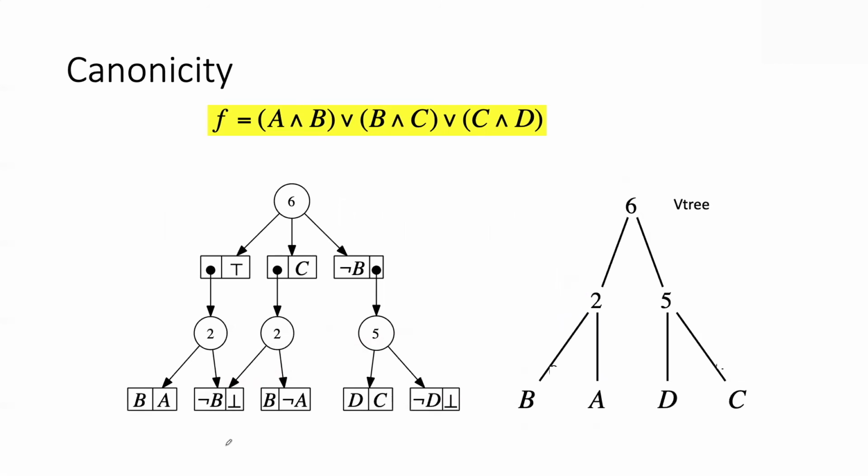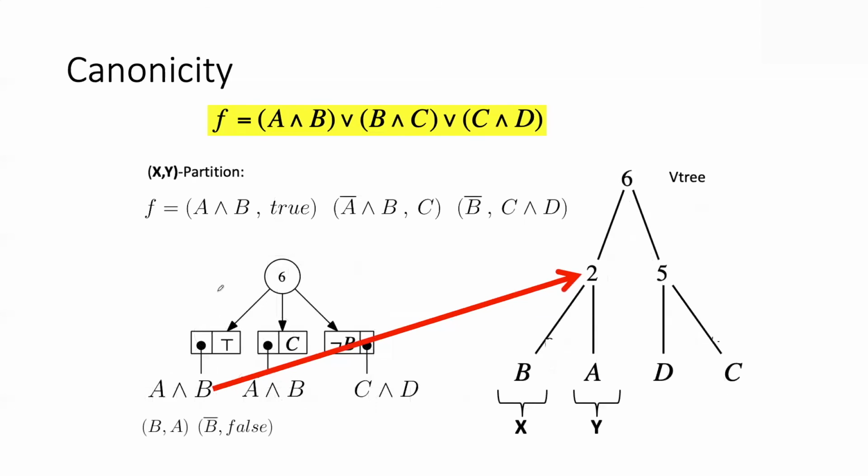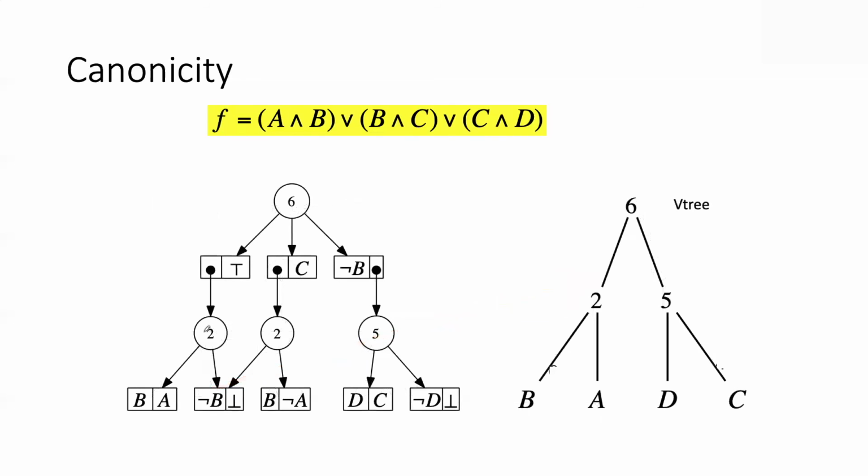That means now, if I go back to this, I can replace this with a decision node, and it ends up being like this. You do it for the other guys, and that's your full SDD in this particular case. You keep repeating this process until you reach boundary cases. Boundary cases are true and false, or literals, and that's it. All right.